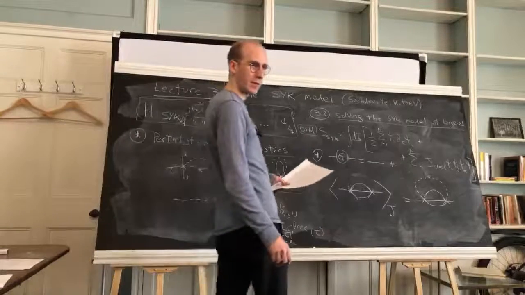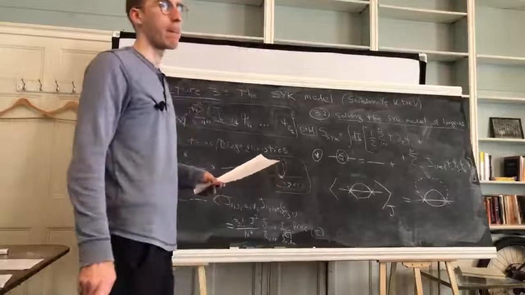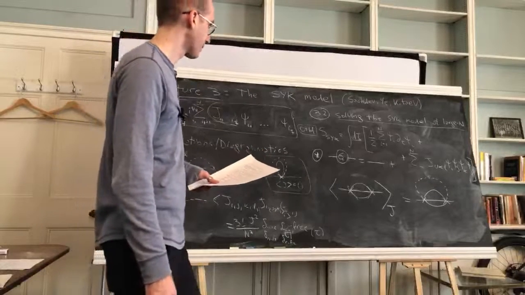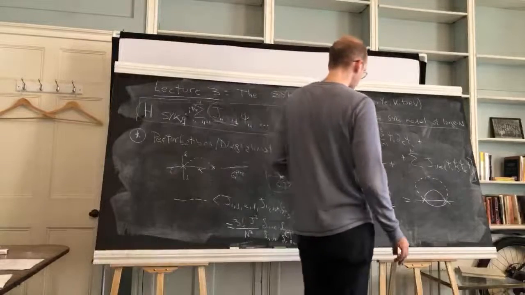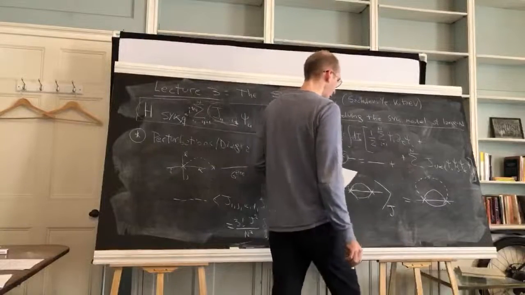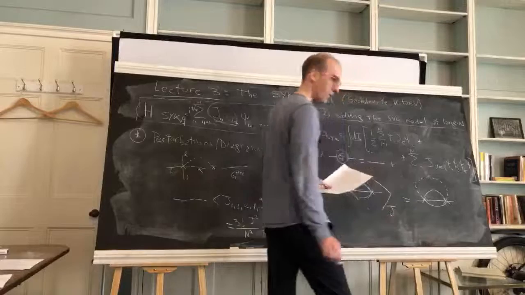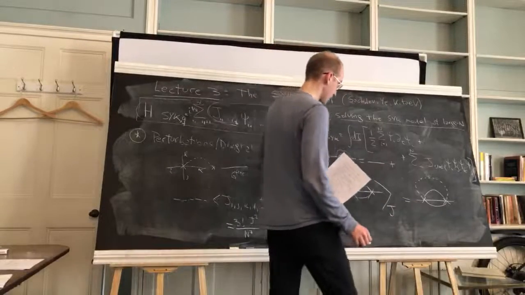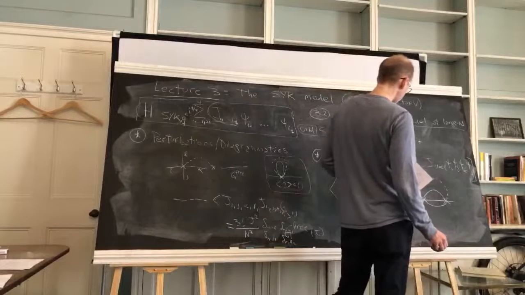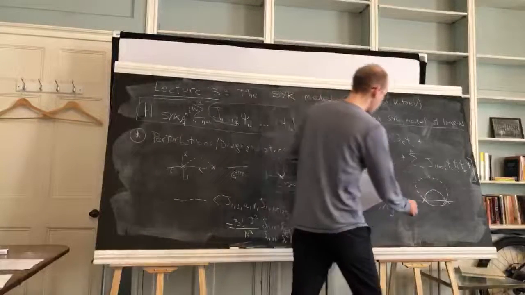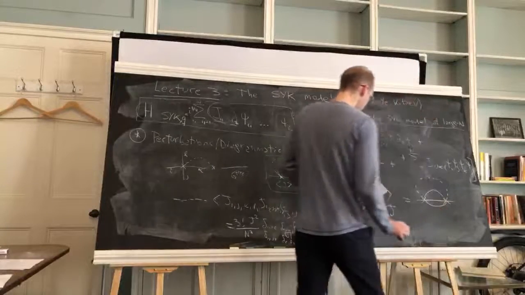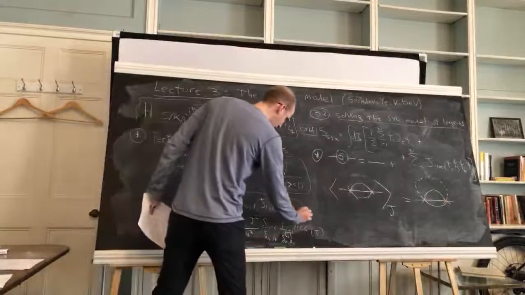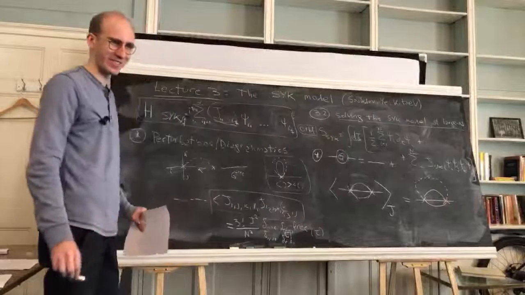Do you need to have the dotted thing once, or would you need to add more of them? You mean if I have more J's? Well, J will only have a 2-point function.